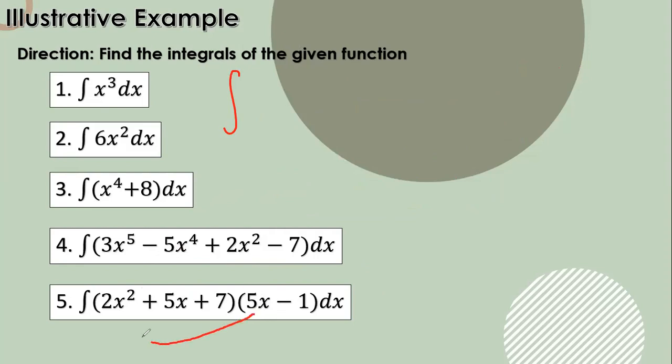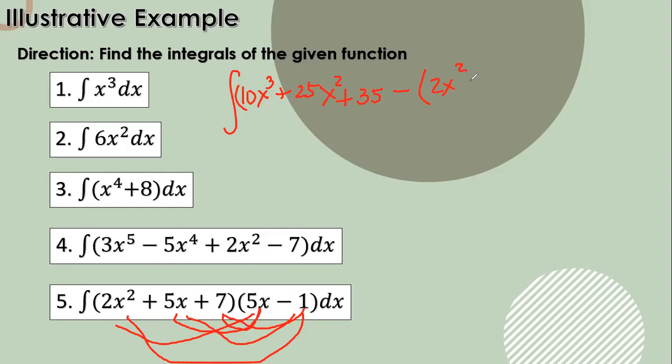So 5x multiplied by 2x squared is 10x cubed, plus 25x squared, plus 35x. Then for negative 1, we multiply it one by one as well. That will be minus 2x squared minus 5x minus 7. And then, of course, dx at the end.